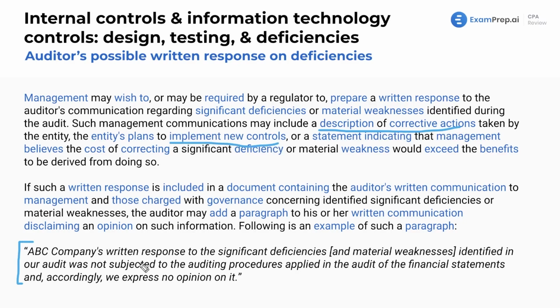So the auditor here is relieving themselves of responsibility, saying anything else that management did to deal with this issue, we didn't audit it, we're not associated with that. If there's one thing that auditors and professionals are great at, it's disclaiming responsibility for particular items, saying, hey, we're not responsible for that, we're not going to take any liability in that sense.